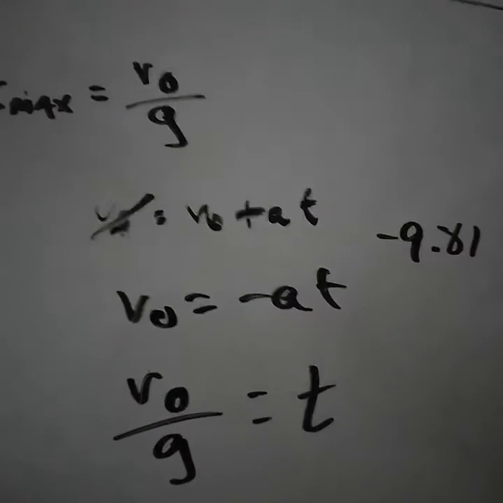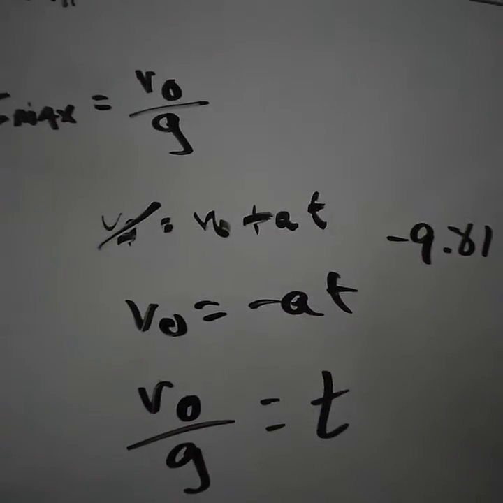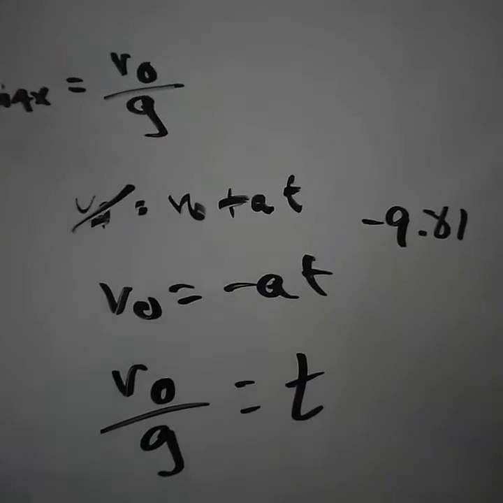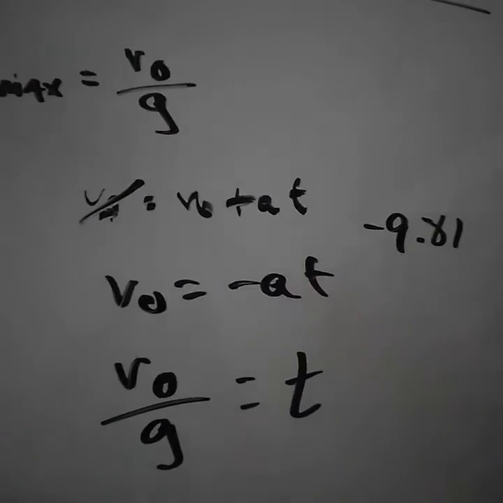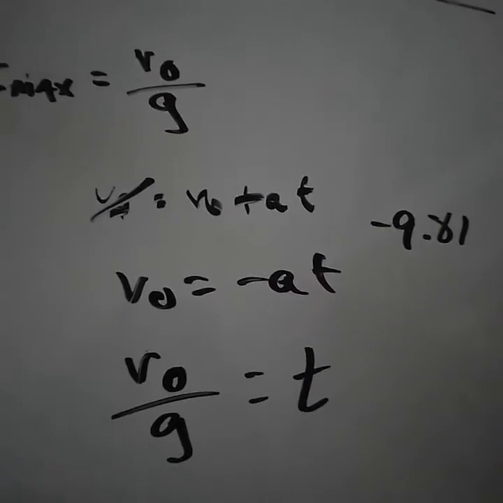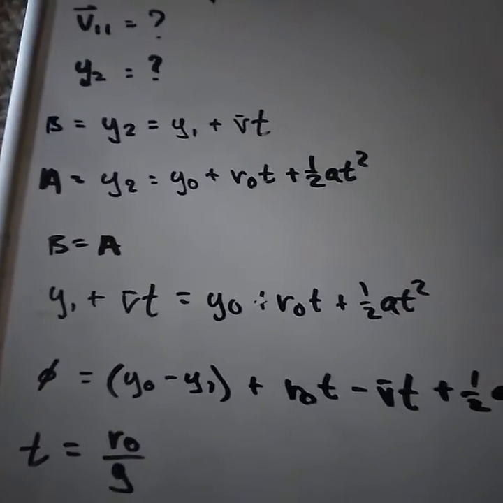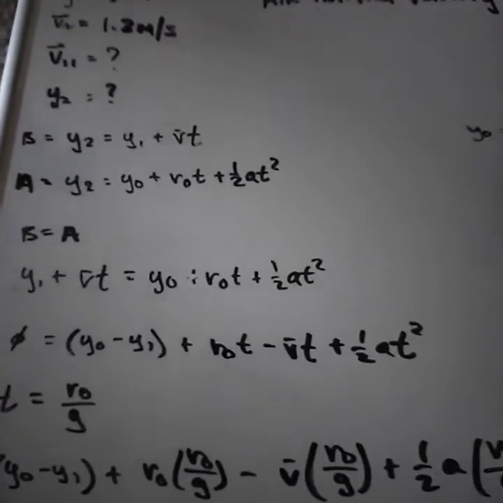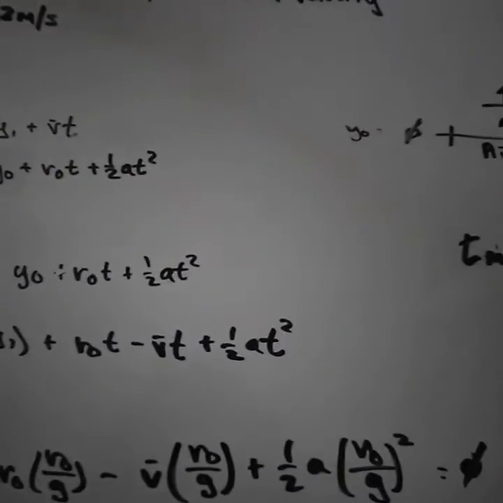So VF equal to 0, rewriting that, plugging in negative 9.81 for A. We have negative and negative is equal to positive, dividing by g, that gives us that. So our time is positive. Plugging that in for time, we get this equation, of course equal to 0.